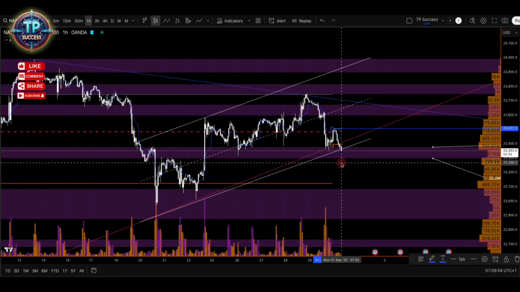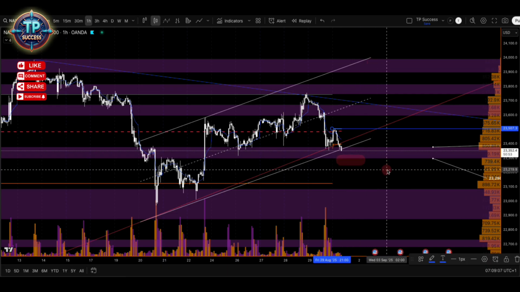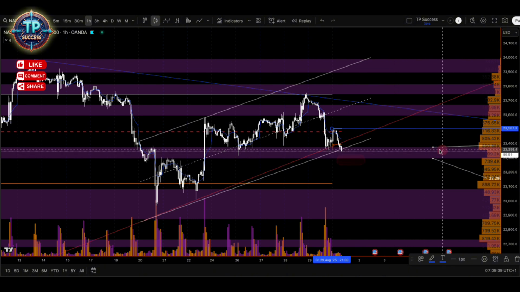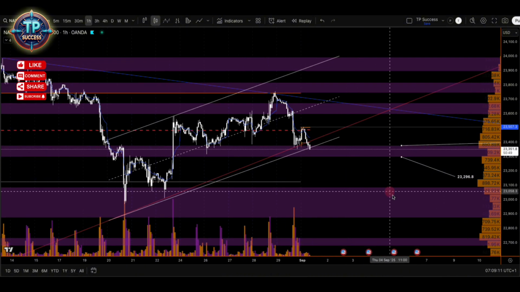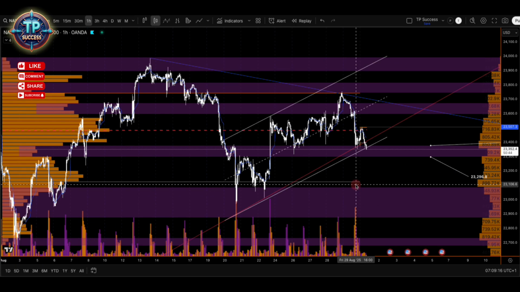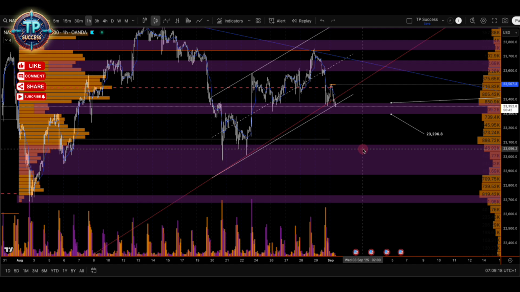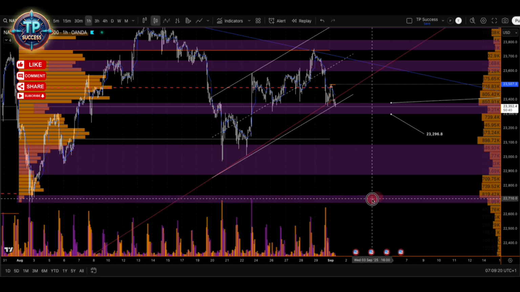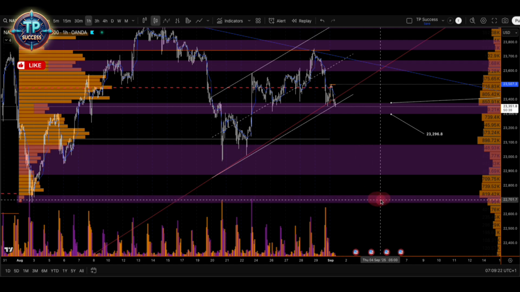If price closes under this low volume node area, which is 23,296.8, then I'm assuming price plans to come down to around this zone right here. I'm just going to call it 22k, actually no, 22k is large, so let's just say 22,700.